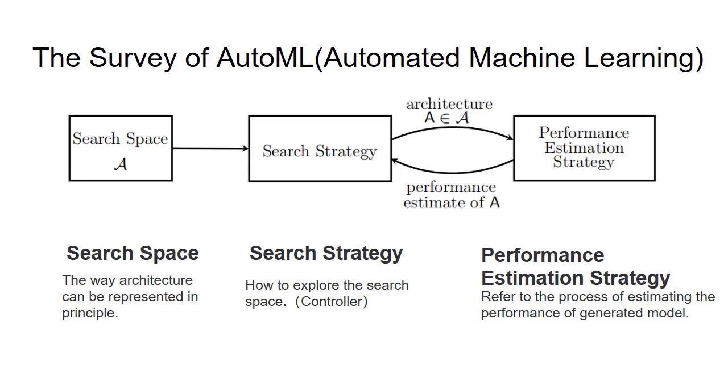The search strategy generates the architecture, and the performance estimation strategy gets the performance estimate of the model and gives the feedback to the search strategy. Those two parts iteratively update themselves, and finally we can get the model that is generated automatically.